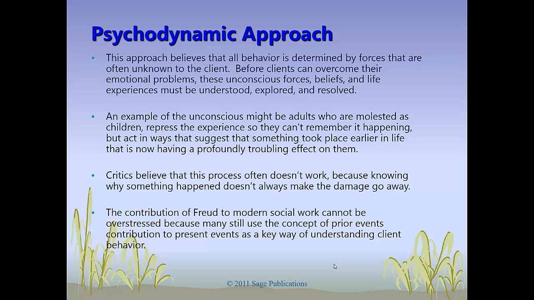However, in this particular case, we're talking about an adult who was abused as a child, and oftentimes, if an individual is molested as a child and that's not treated, that individual has to find a way to resolve that. One of the ways that is resolved is by repressing the memory, so that the memory is no longer available.